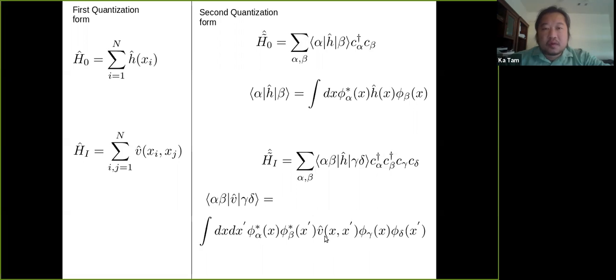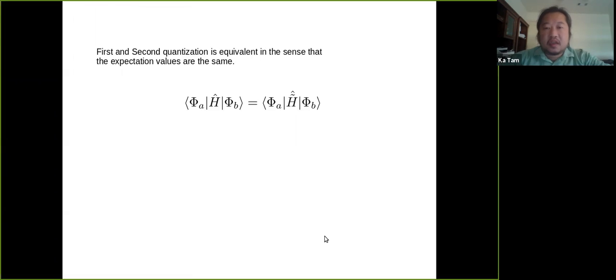So how can you show that the first quantized form and the second quantized form are the same thing? Essentially, you just calculate the matrix element in the first quantized form on the left-hand side and the second quantized form on the right-hand side. Using the definitions on the previous page, you will find that they are the same. So you can prove the first quantized form and second quantized form are equivalent.